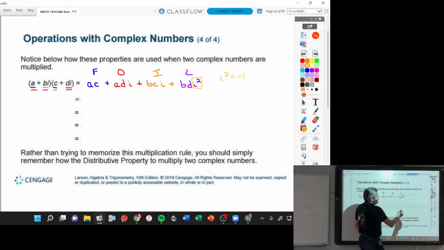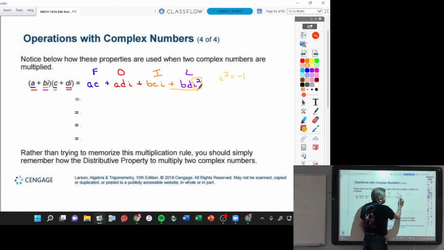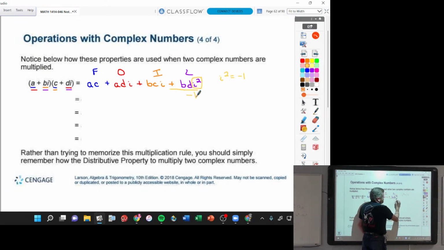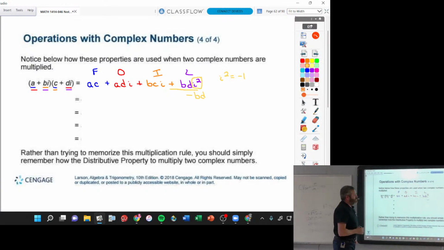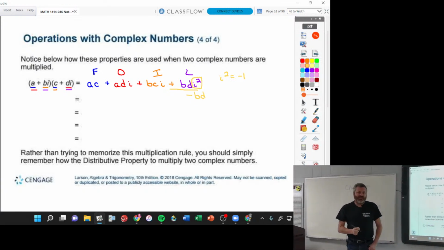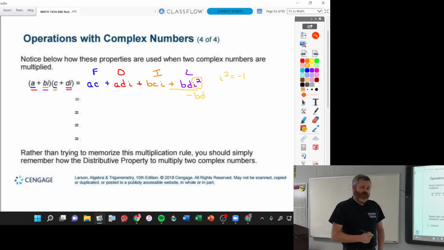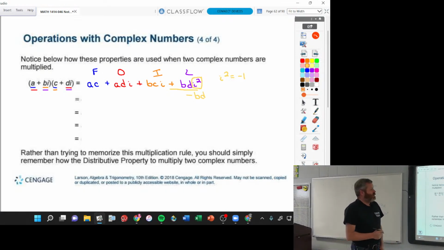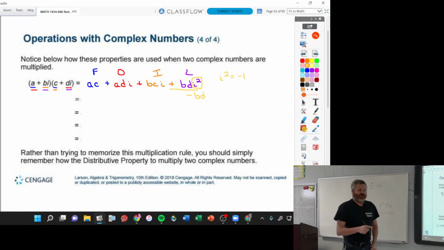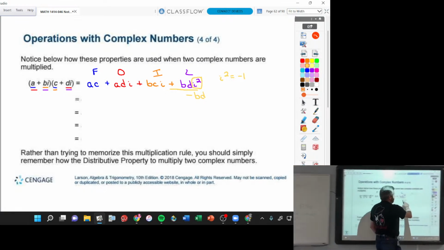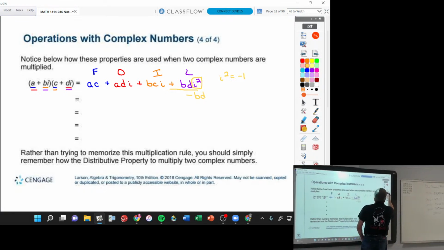So instead of having a plus BD here, this ends up being minus BD. And if you'll notice, I squared being negative 1, leaving me with that minus BD, that becomes a real part. So minus BD is part of my real.